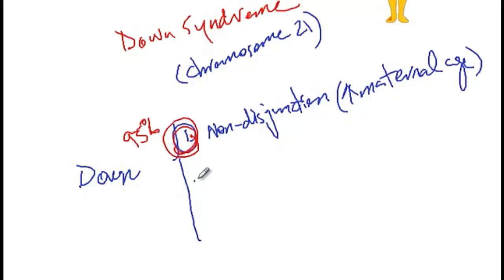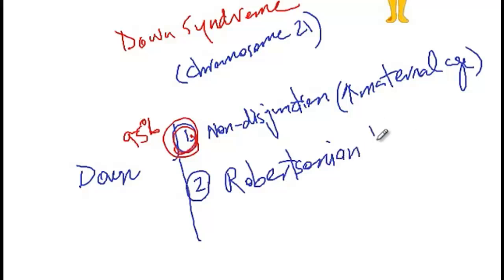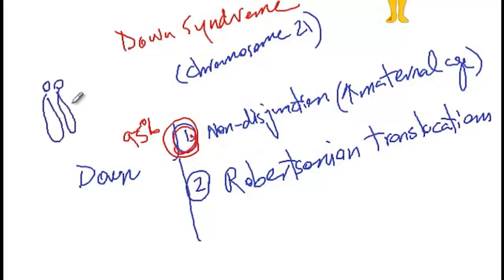The next condition is Robertsonian translocation, which is a rare form of translocation that affects acrocentric chromosomes, like chromosome 21. So this is chromosome 21 that has a small short arm and a long arm.